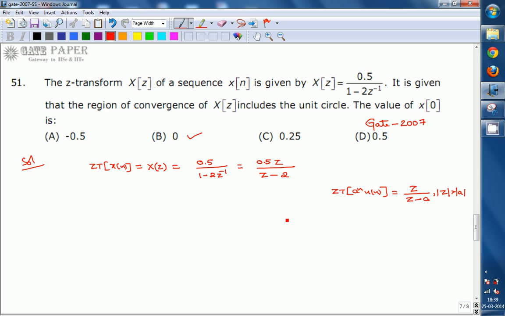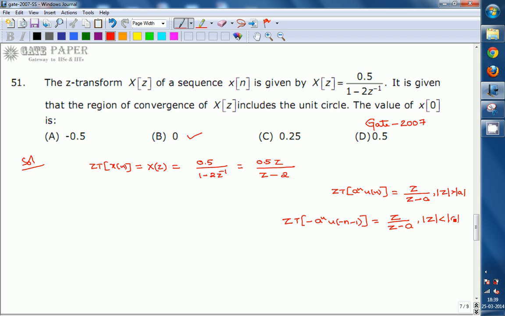We can also have the Z transform of minus a^n u(-n-1). This also has the Z transform z by z minus a, but the ROC is mod z less than mod a.